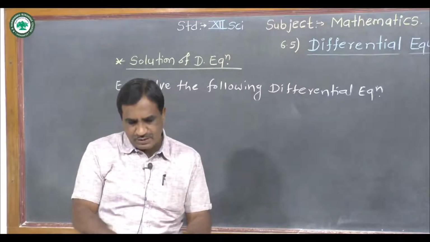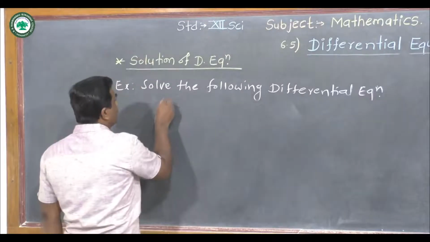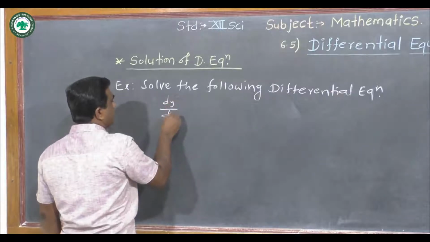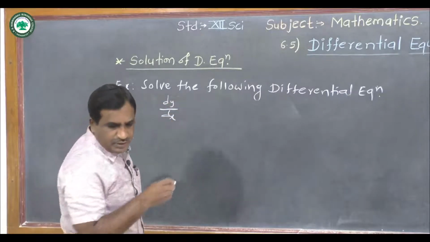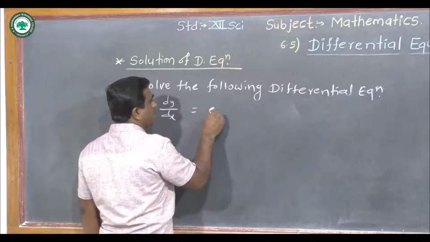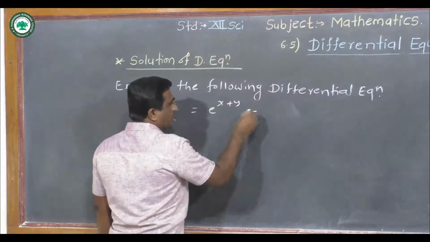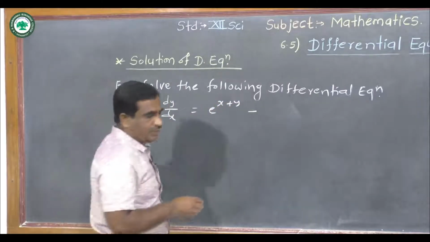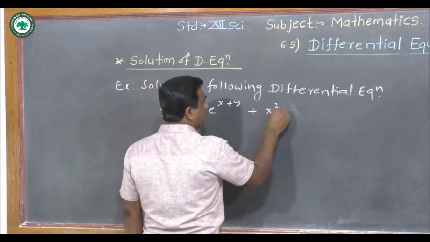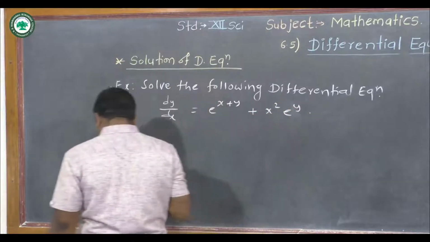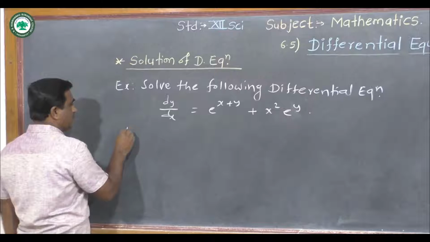The differential equation is dy by dx is equal to e raised to x plus y plus x square into e raised to y. Okay, now we see the answer for this example.